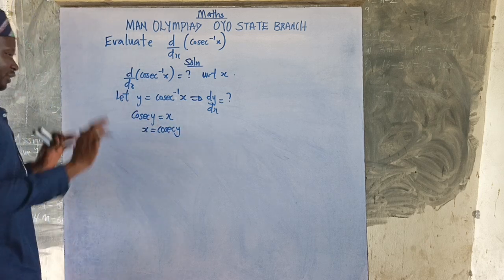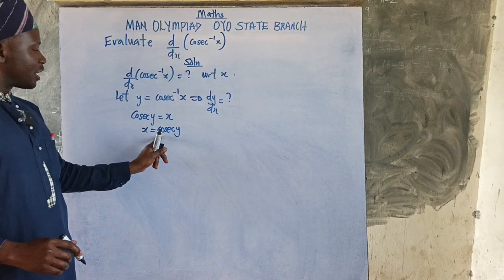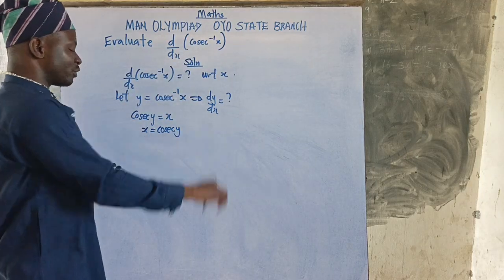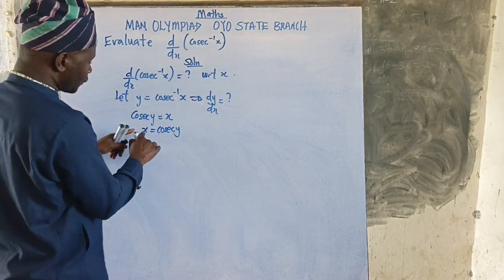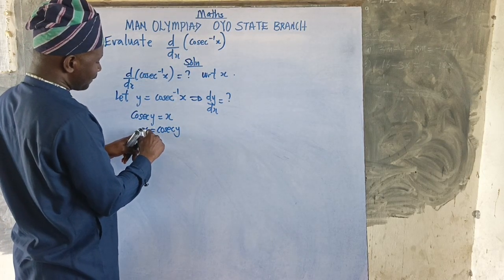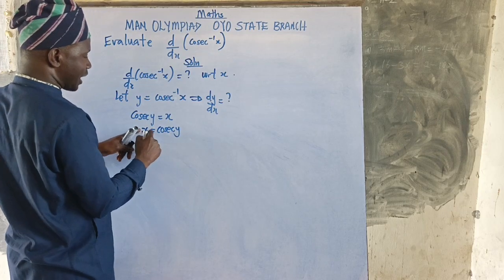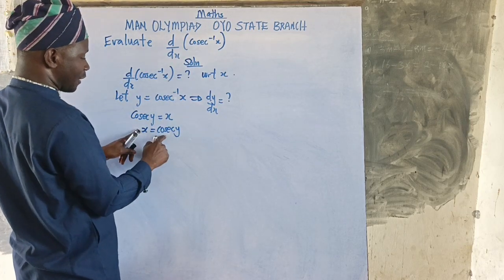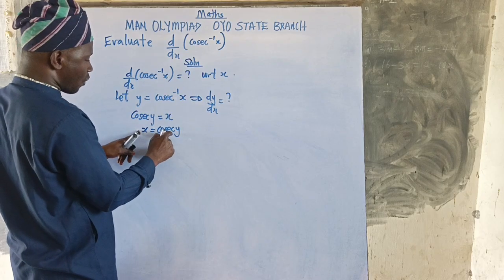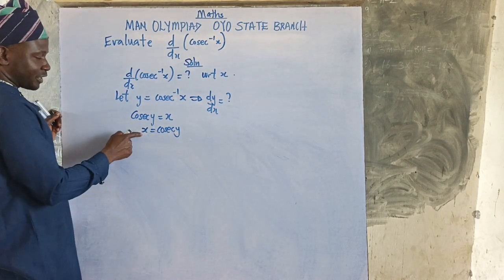That means we have to differentiate x with respect to y, but here we are going to differentiate with respect to x now. So this x will be treated as a dependent function. We have to find dy/dx now. So this x depends on this function, because it's this function that determines x.